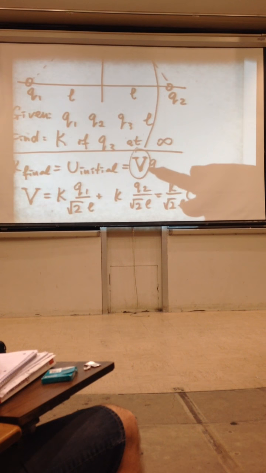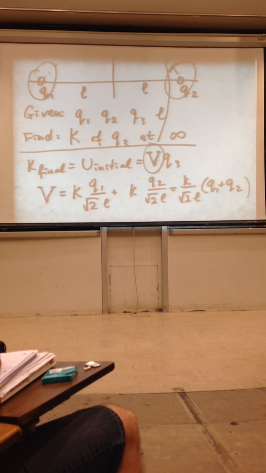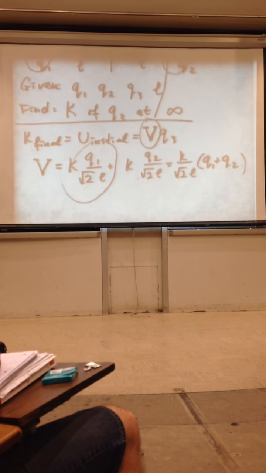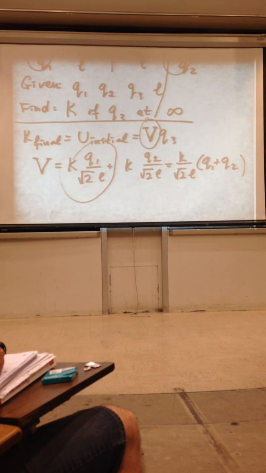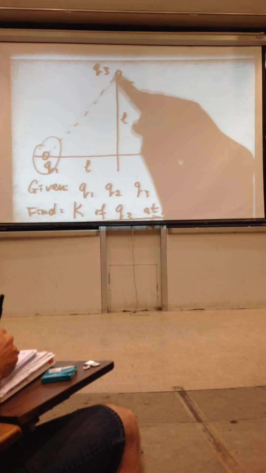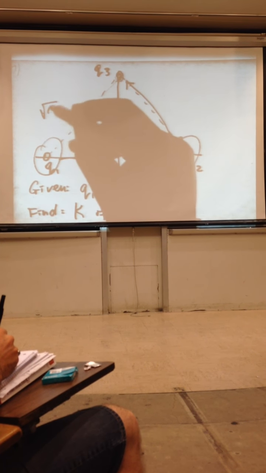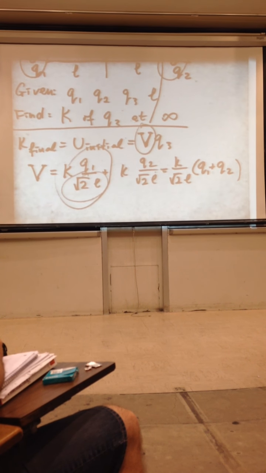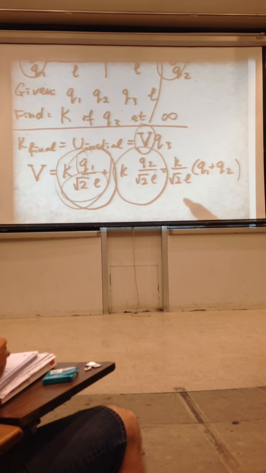This total voltage is created by this charge and by this charge. For each of them, this is the formula for the voltage: k times charge divided by distance. The distance from this charge to this point is L, this is L, and this is square root of 2 times L. For the voltage created by Q1 and Q2, it's additive.